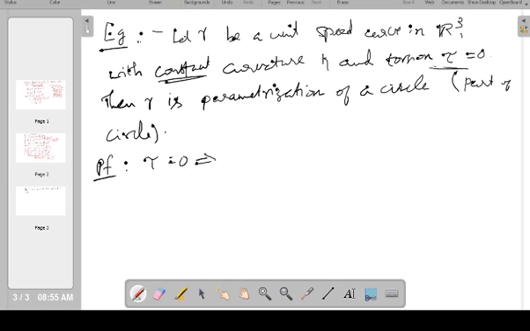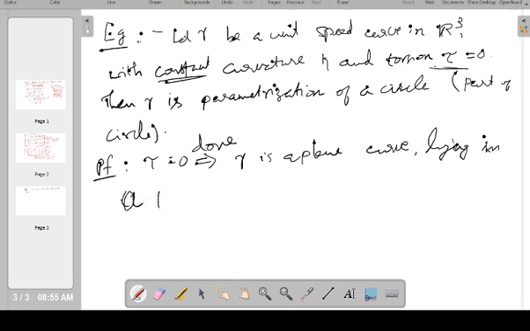Tau equal to 0 means gamma is a plane curve, lying in a plane perpendicular to the vector B. This we have done in our previous class.